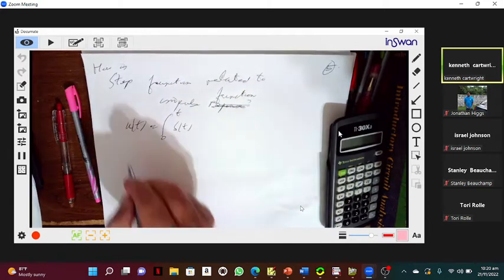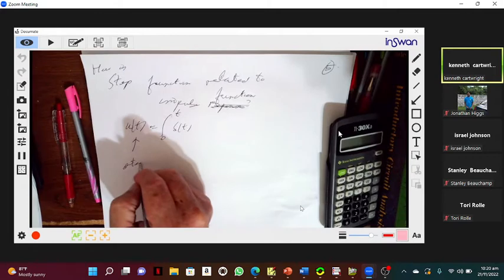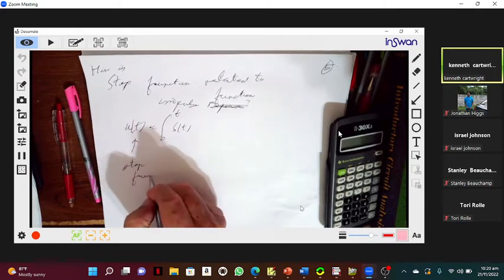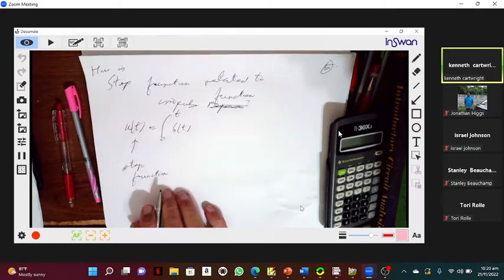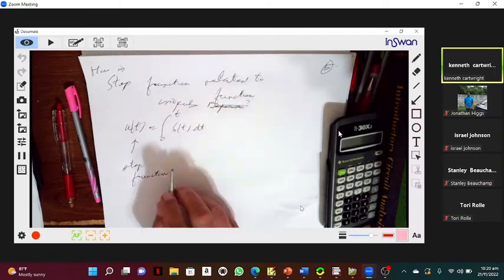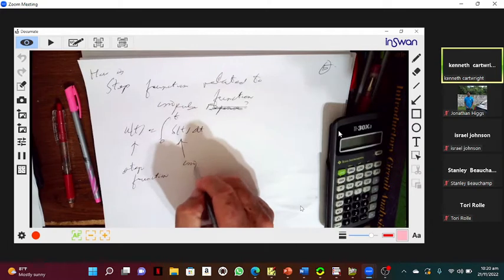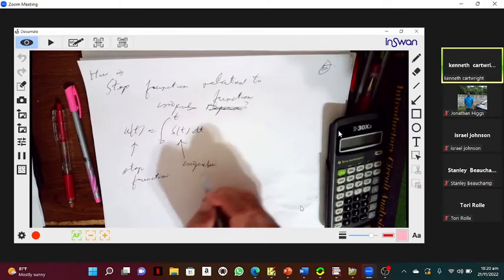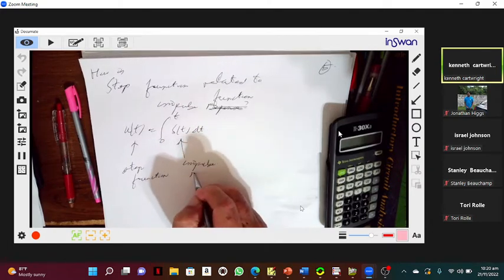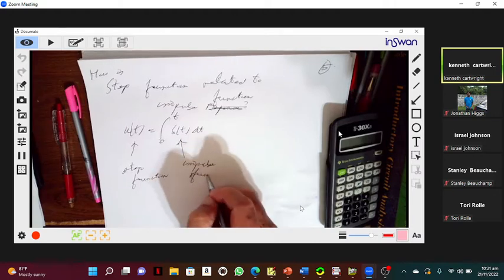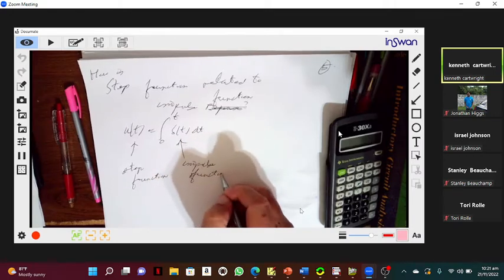So u of t, the step function, is the integral of the impulse function. I gave you this earlier. But of course, most of you don't study.